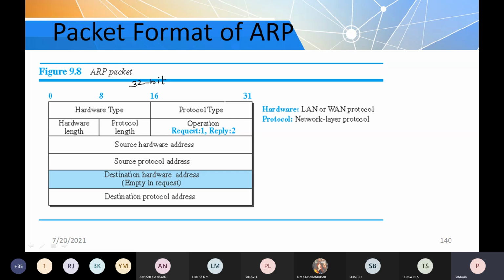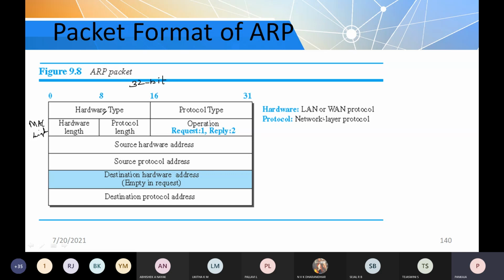Then hardware length. Here hardware length indicates the MAC address length. Don't get confused: hardware length indicates the MAC address or physical address length. Then protocol length. What is the protocol we are using? That protocol information, ARP protocol, should be represented in terms of length.